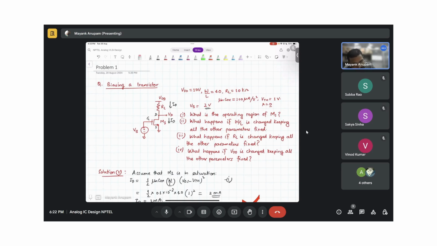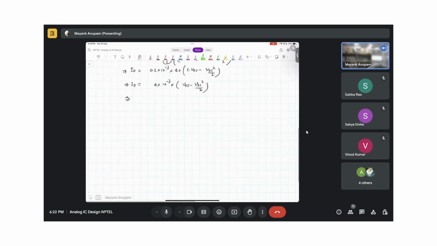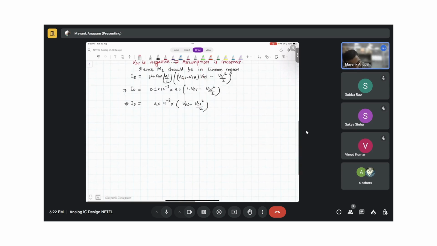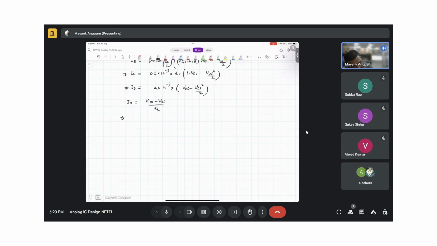The current that is flowing here is VDD minus VDS upon RL. So that information we have. So using that information, we put it here: ID is equal to VDD minus VDS upon RL. Correct? So let's put this here.